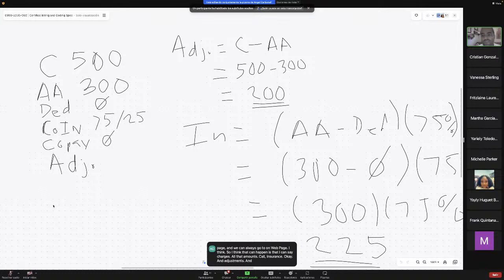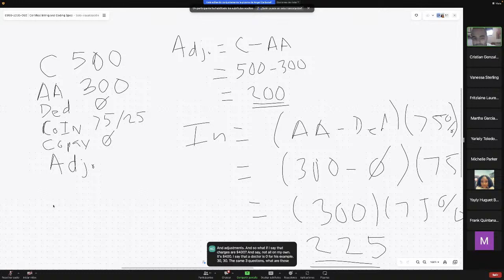Okay. So what if I say that charges are $400, and I say that allowed amount is $400, and I say that deductible is 0 for this example, copayment is 0. I say co-insurance is 70, 30. And ask the same three questions.